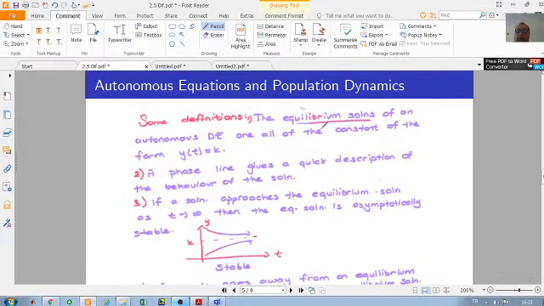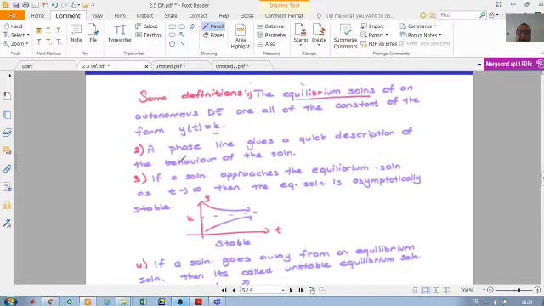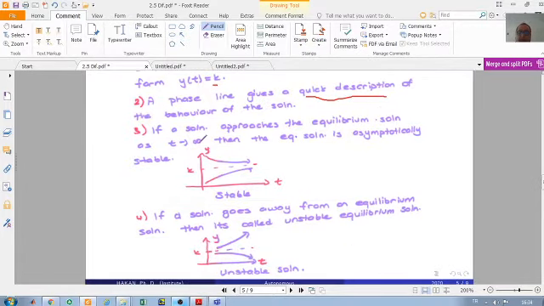The equilibrium solutions of an autonomous differential equation are all of the constant solutions of the form y of t equals k. A phase line, which we will see in the following examples, gives a quick description of the behavior of the solution. If a solution approaches the equilibrium solution as t goes to infinity, then the equilibrium solution is asymptotically stable.